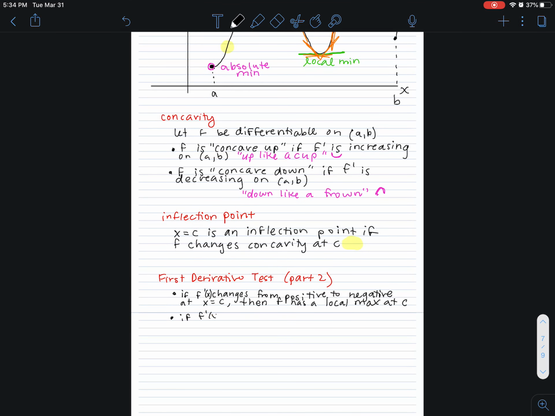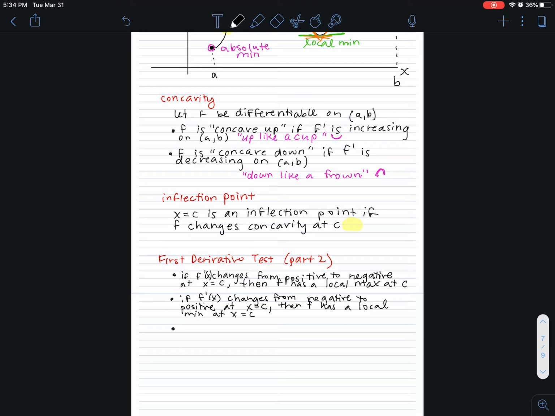Likewise, if f prime of x changes from negative to positive at x equals c, then f has a local minimum at x equals c.